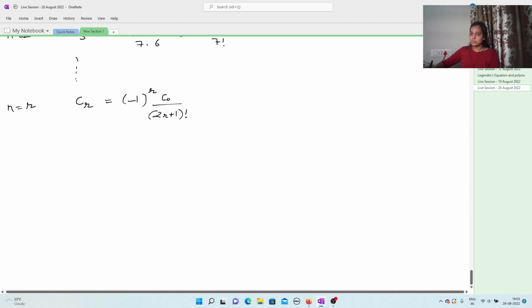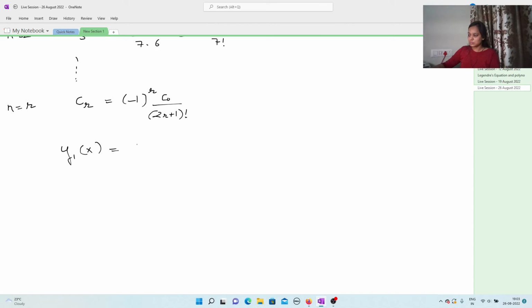So we can write one solution as y1 of x equals x to the power k, which is 1 by 2 here, into summation n equals 0 to infinity of Cn, that is the coefficient, minus 1 to the power n over 2n plus 1 factorial into C0. So C0 is any arbitrary constant, and we can give it any value we want.